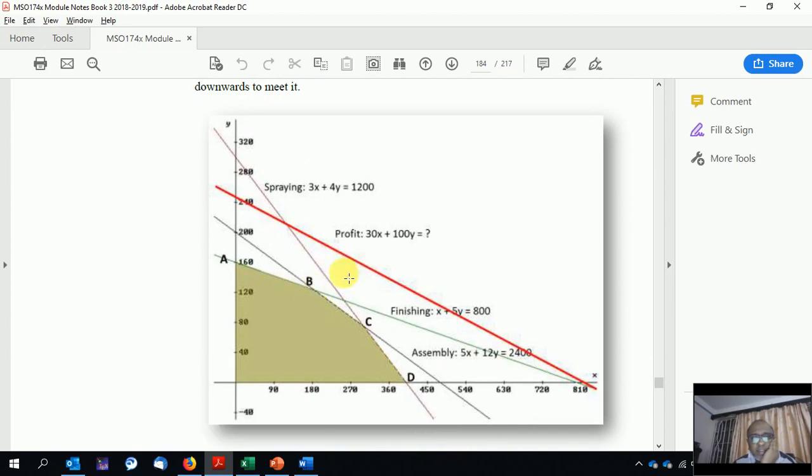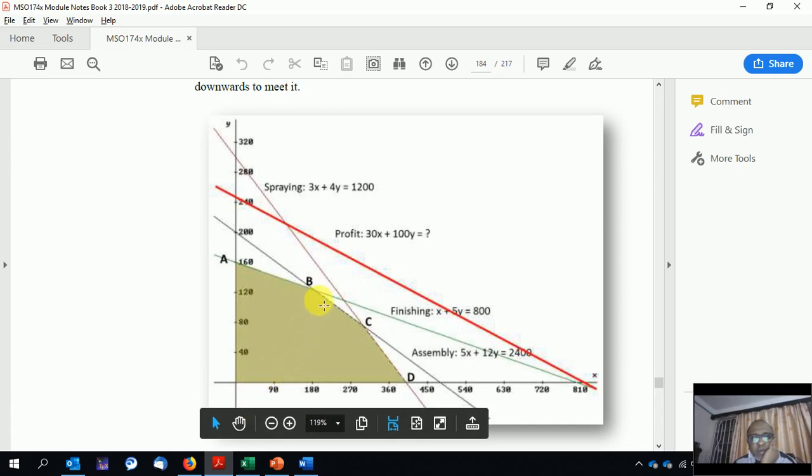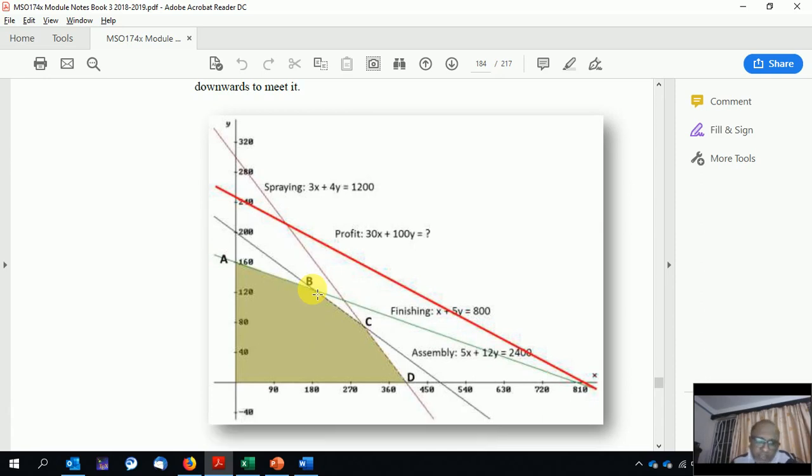I can take this line and move up, and it will touch B last. So if I keep changing the right hand side to 801, 802, and so on, or 2401 and so on, at some point this straight line will not hit this as the last coordinate.